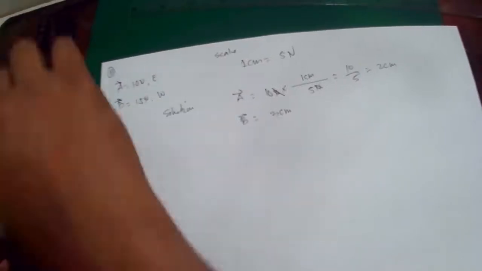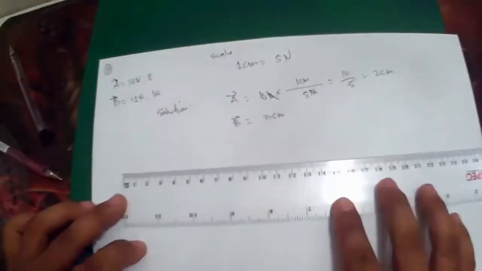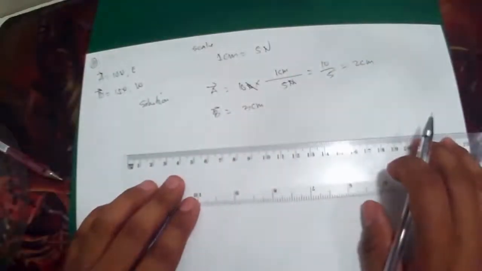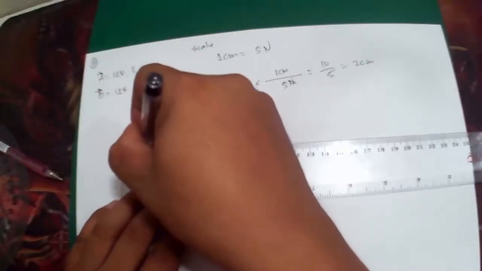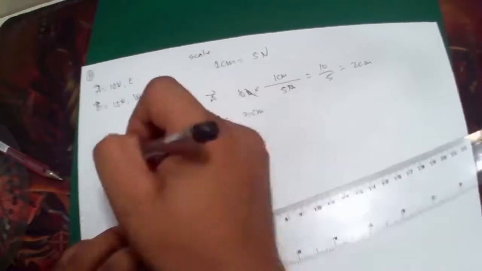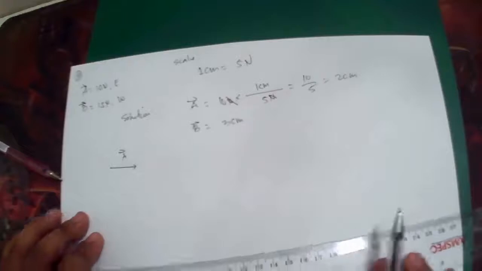So how to add anti-parallel vectors or opposite direction? Again, for vector A, that's 2 centimeters going to east. So I will plot first our vector going to east, from 0 to 2. This is now our first vector, vector A, due east. And head to tail fashion. How about B, going to west?